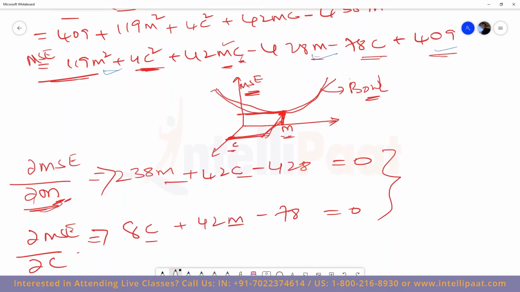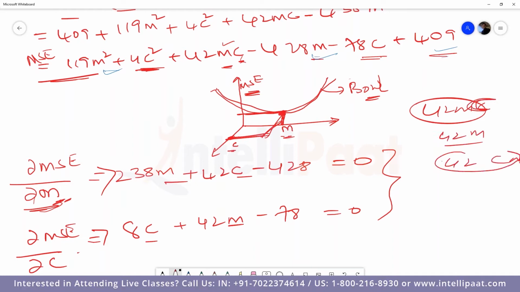Think of it this way: when I'm differentiating 42mc with respect to c, the whole thing is a constant except for c, so I'll just have 42m. Similarly, when I'm differentiating with respect to m, 42c becomes a constant and I'll only be left with c. I hope that made sense.